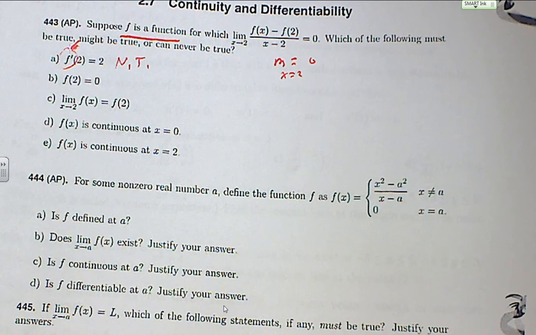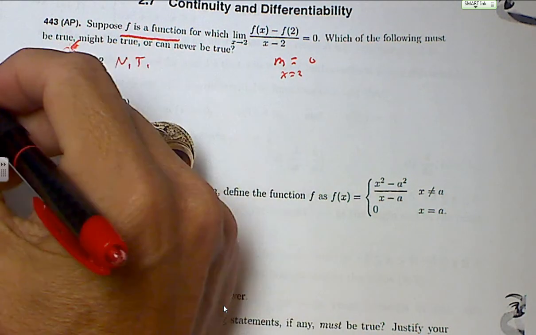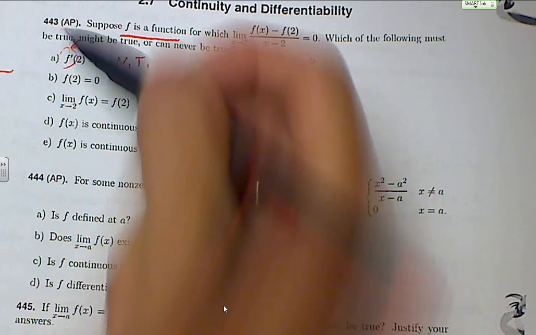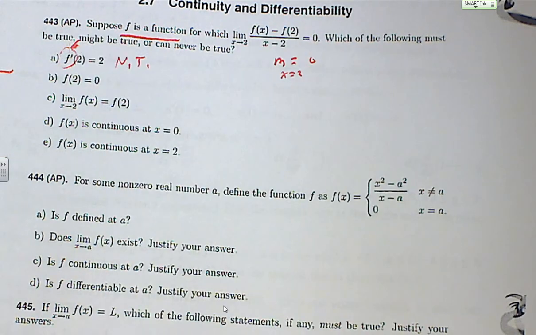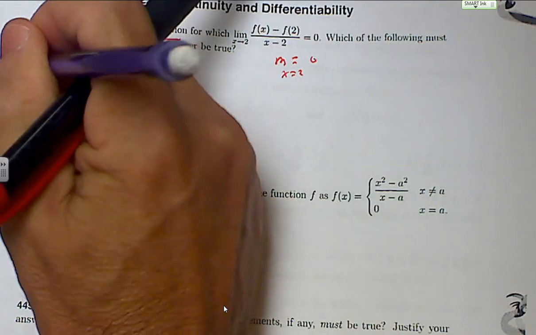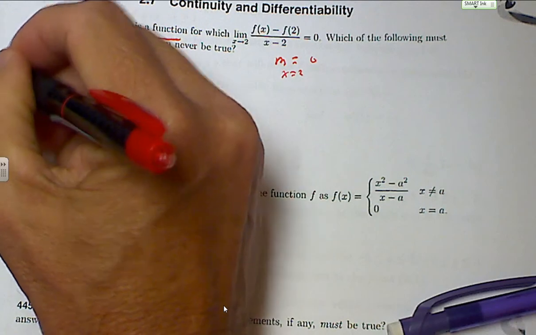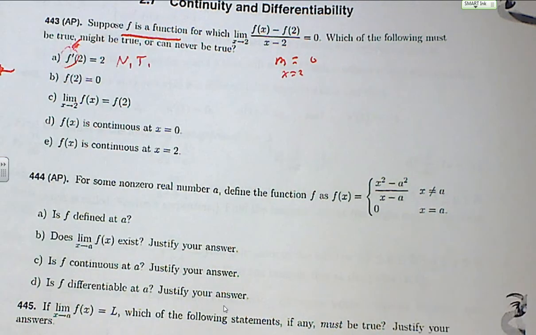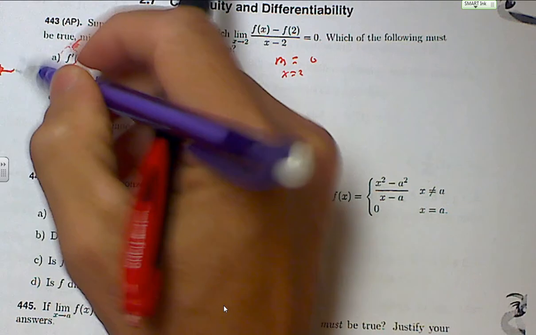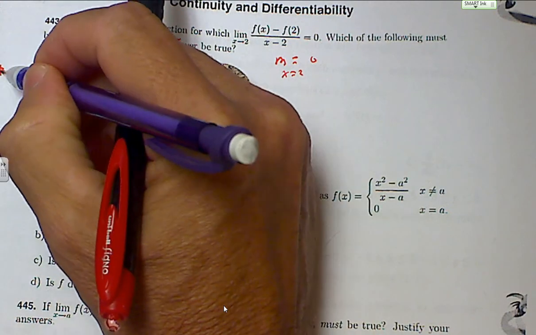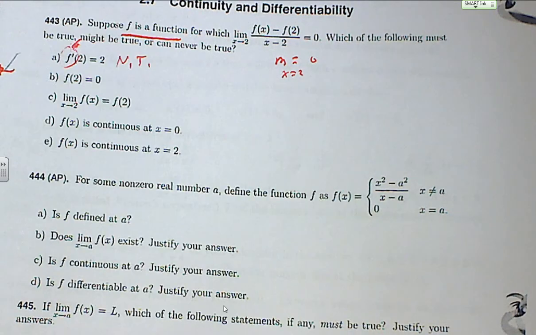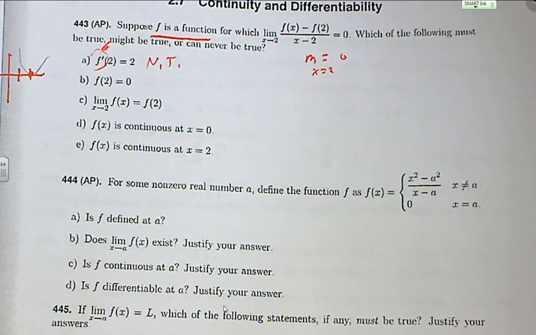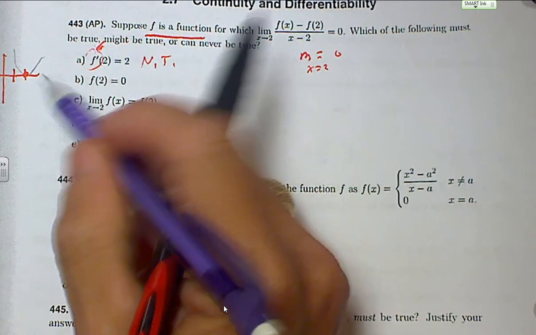Right, it could be just right here. It could be an equation that looks like this. So there's our axis. We want f of 2 to be 0. Since the slope is 0, it could be a straight line. But either way, it's definitely not always going to be true.